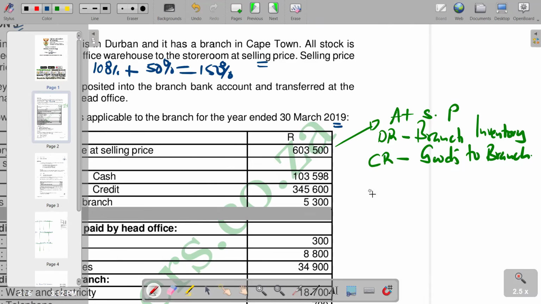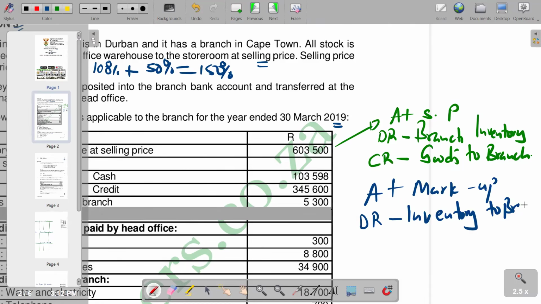Then we also have a double entry at markup. So at markup, we are supposed to debit inventory to branch with the markup amount, and then we credit the branch adjustment.